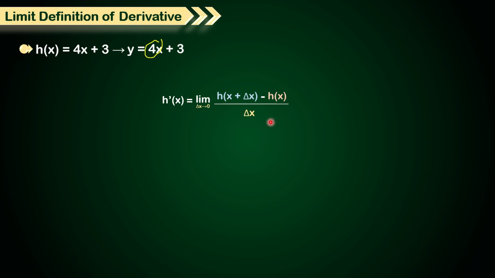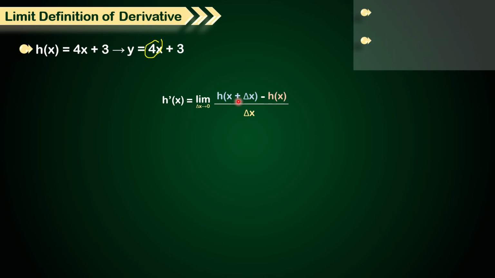Find h of x and h of x plus delta x. h of x is equal to the function itself, which is 4x plus 3. h of x plus delta x is equal to the product of 4 and x plus delta x, added to 3.